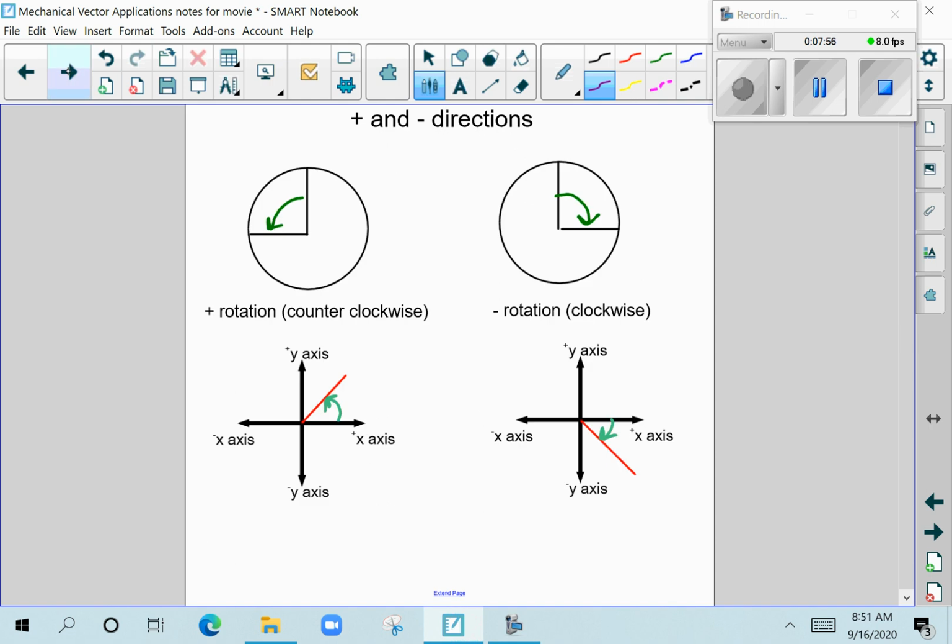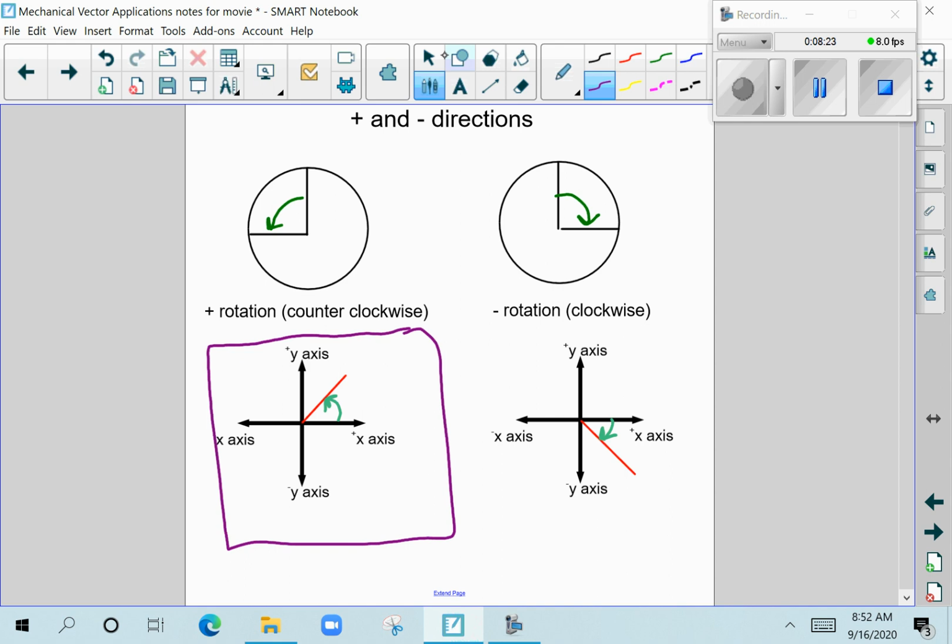For our angles, there's only two directions, clockwise and counterclockwise. So anything that rotates clockwise will be negative. Anything that rotates counterclockwise will be positive. The reason for that is if you take a look at the way that we often first viewed angles, they're measured from the x-axis. So if I'm going above the x-axis, that was a positive angle, and that's in the counterclockwise direction.